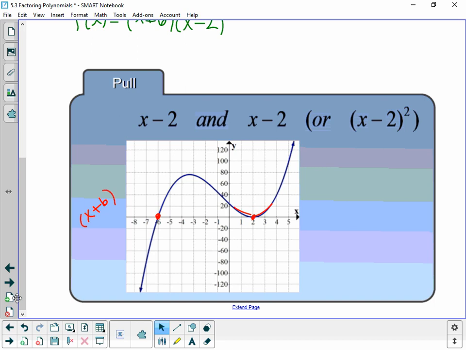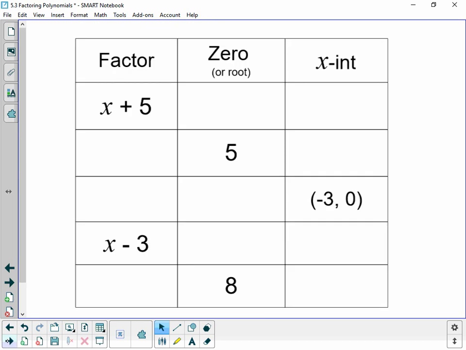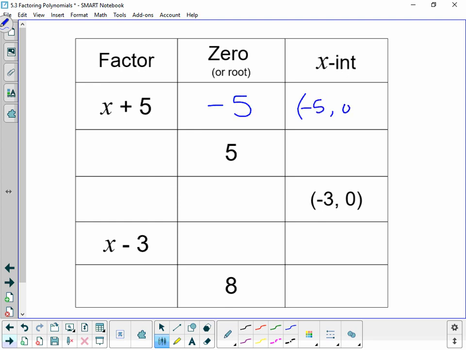Okay, fun times. Okay, so just want to remind you about the relationship between the factors and the zeros and the x-intercepts. If we have a factor of x plus 5, you know that the 0 is negative 5. And on the graph, that x-intercept would show up at negative 5.